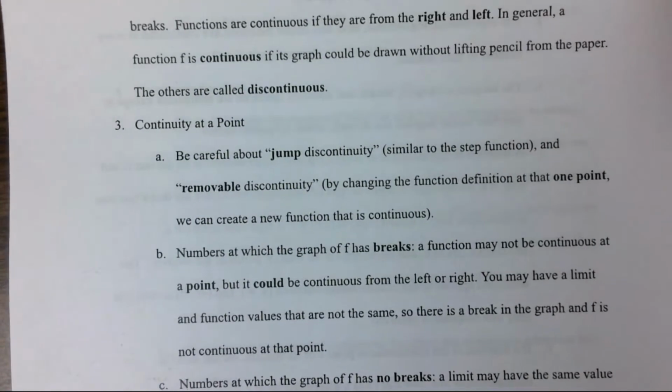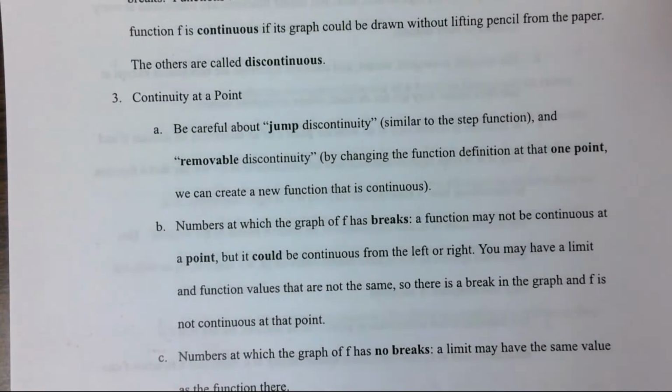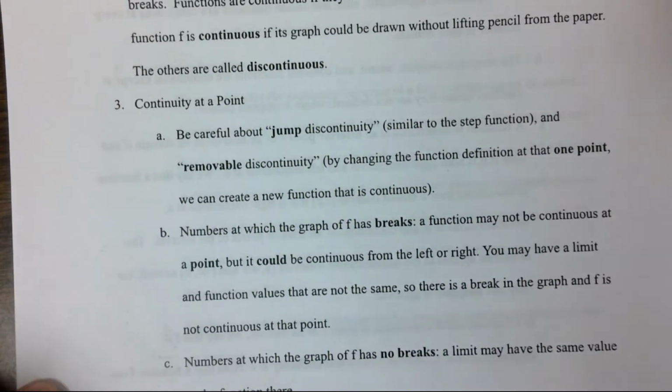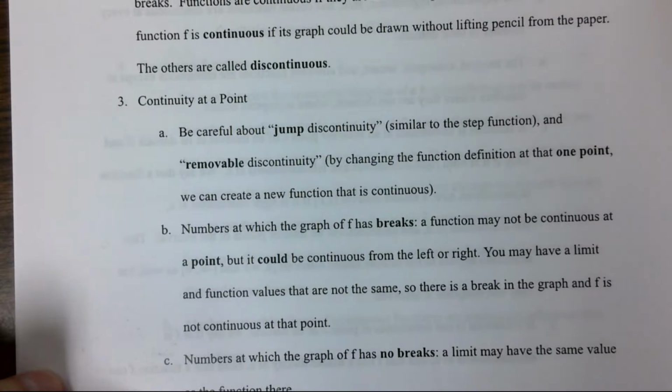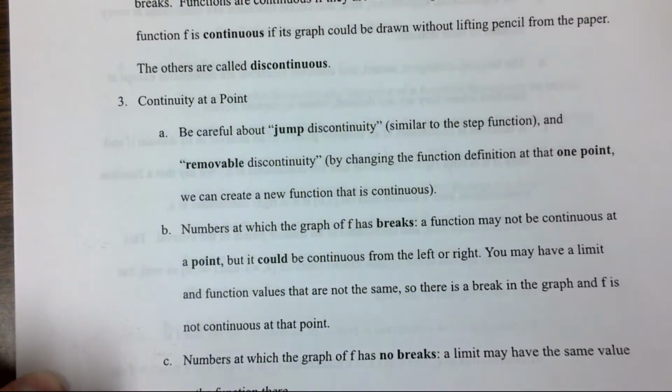You can have a limit and a function value that are not the same, so there's a break. At the numbers at which f has no breaks, the limit is the same as the function value.